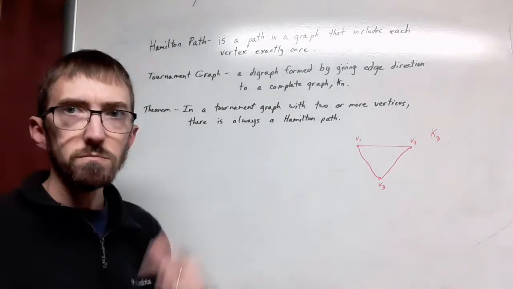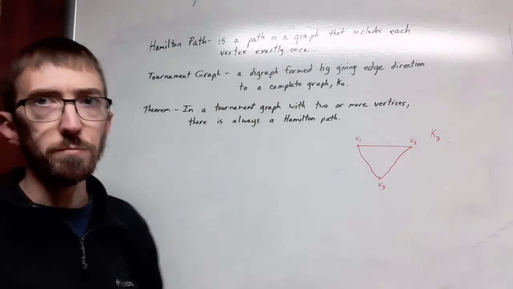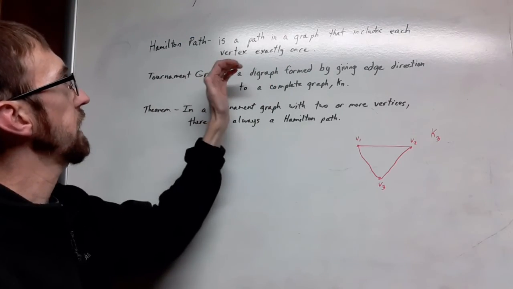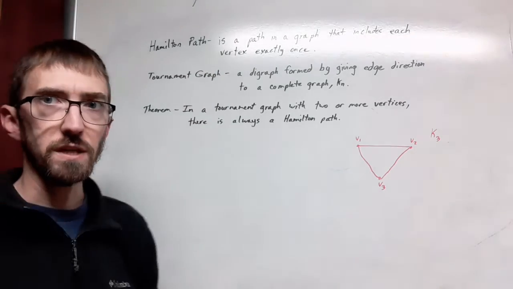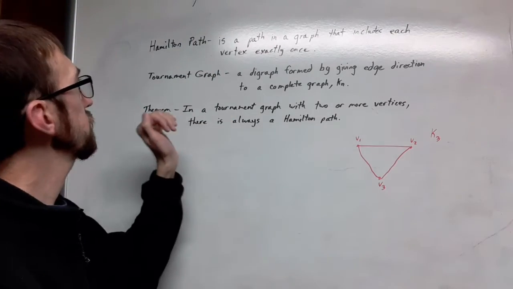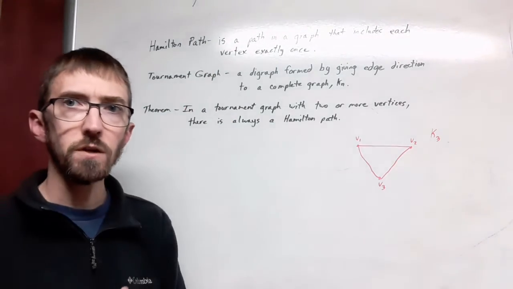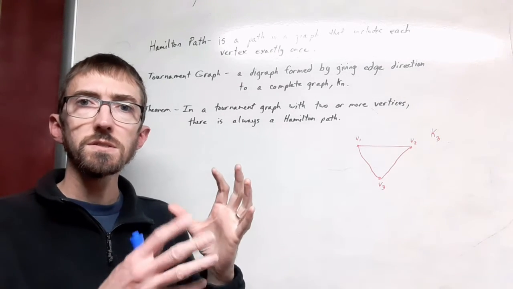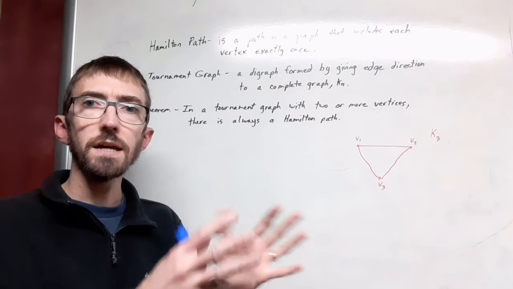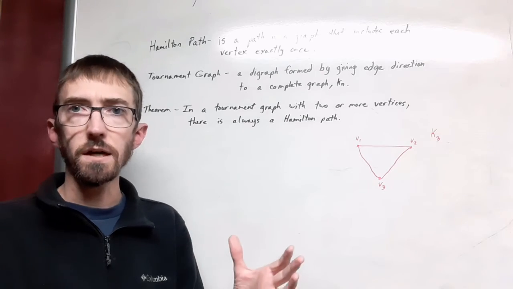So we need to review what a Hamilton path is first. A Hamilton path is a path in a graph that includes each vertex exactly once. And then we also need to define what a tournament graph is. A tournament graph is a complete graph that has had edge directions added to it to make it a digraph.